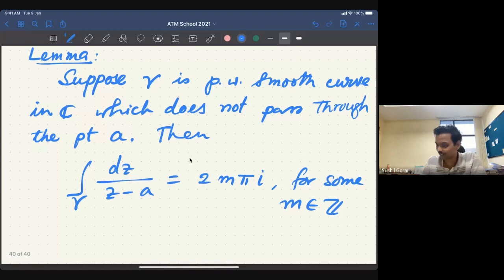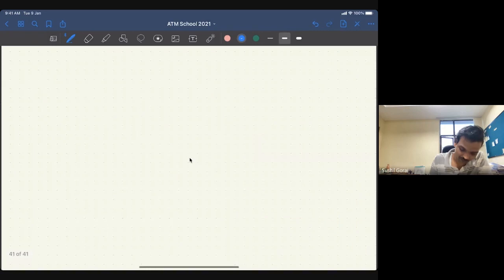So this you perhaps know, right? The point is you cannot prove it directly. You just need a trick. So maybe one idea. So proof.